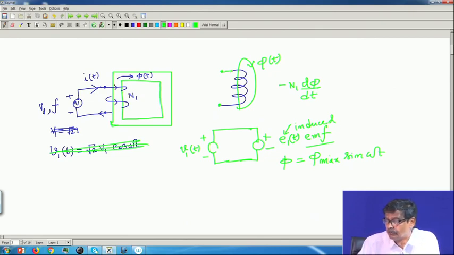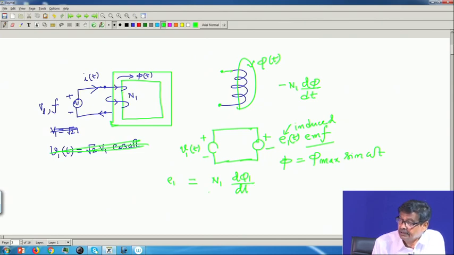If that be the case, then the RMS value of the induced voltage in the coil, E1, will be equal to N1 d phi by dt. If you differentiate this, it will become N1 phi max omega cos omega t.